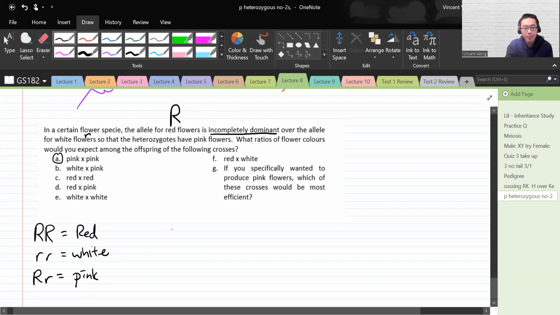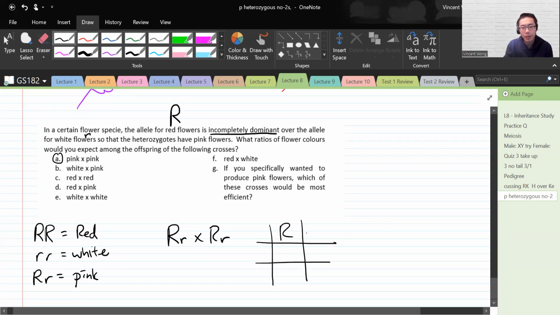So if you take a pink and a pink, big R, small r crossed with big R, small r, what's going to happen? We separate them, and then the Punnett square is exactly the same as before. There's nothing different in terms of how you do it. Just do the same thing. But the interpretation is going to be different, right?